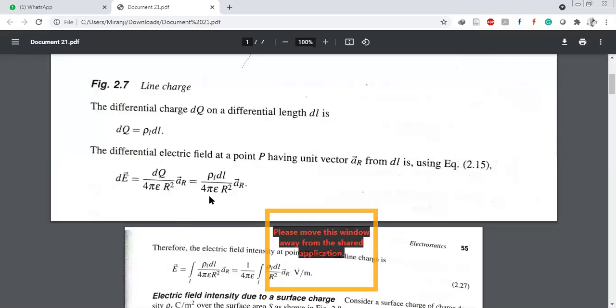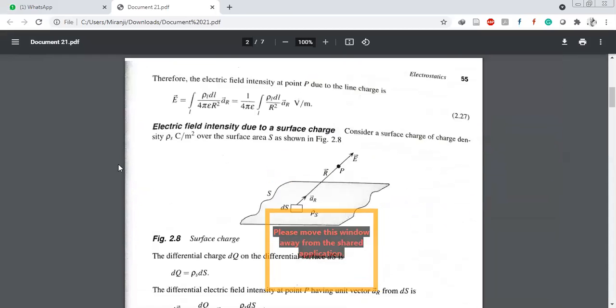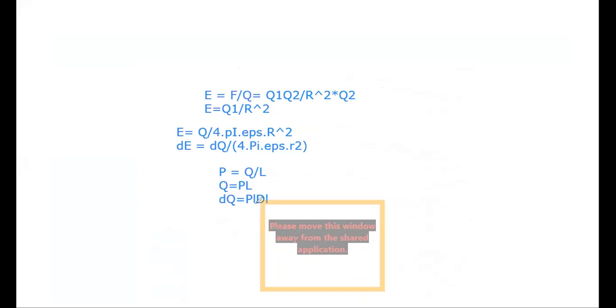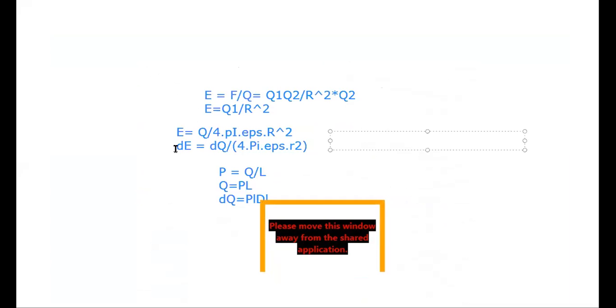So dq equal to rho l dl. Therefore the electric field intensity at a point P due to that line charge, now we have to find the exact point charge.